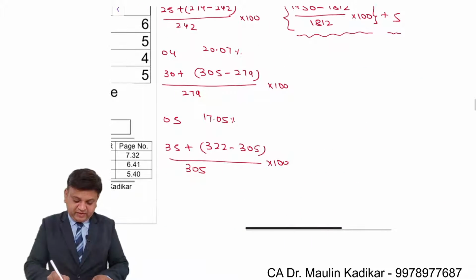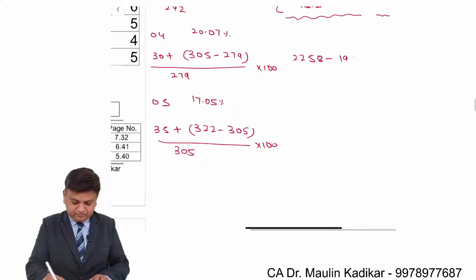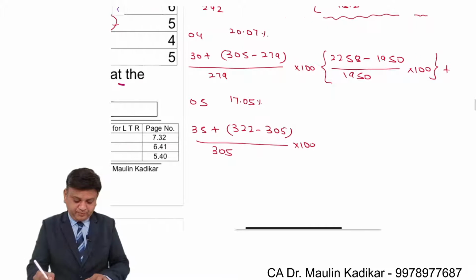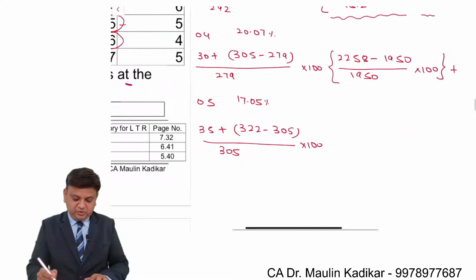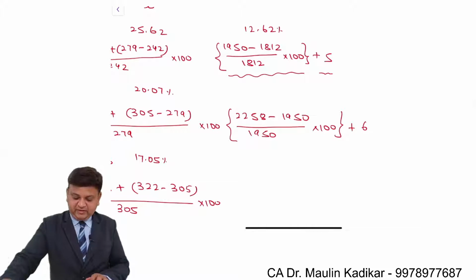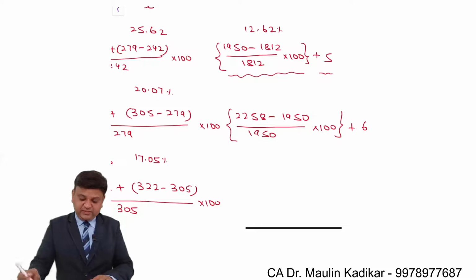For the next year, the difference of these two is the capital gain yield. So 2258 minus 1950 divided by 1950 into 100. Whatever the answer that we compute, to that this 6% is going to be added. 2258 minus 1950 divided by 1950 plus 0.06. That comes to 21.79.